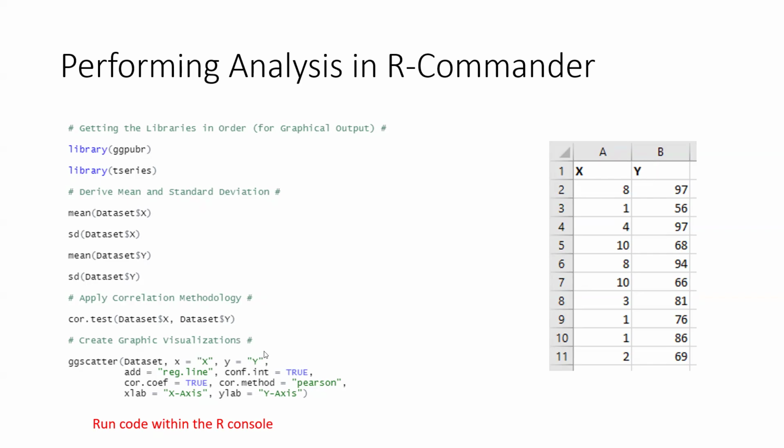If this was variable B, it'd be y equals variable B. If this was variable 2, it'd be y equals variable 2. And down here, xlab equals x-axis and ylab equals y-axis. These are just the labels you're going to use for each axis, both x and y. You can set those to whatever you feel to be appropriate for your research.